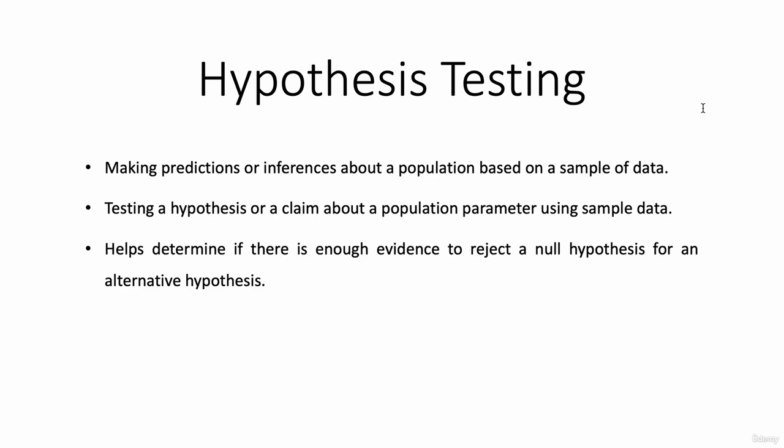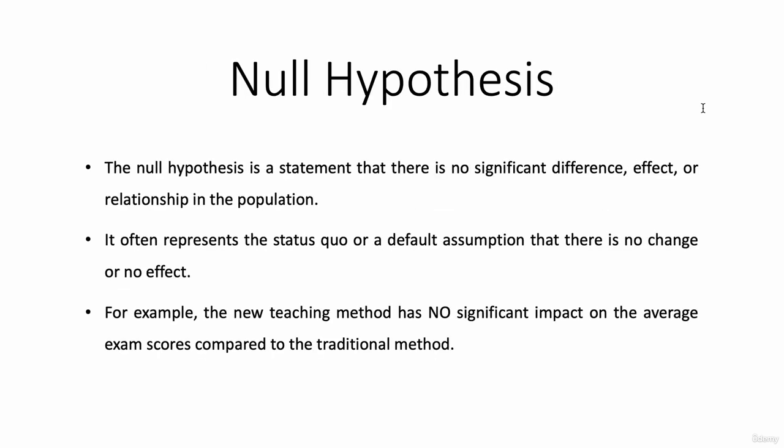So let's understand what is meant by null and alternative hypothesis. The null hypothesis is a statement that there is no significant difference, effect, or relationship in the population. It often represents the status quo or default assumption that there is no change or no effect.